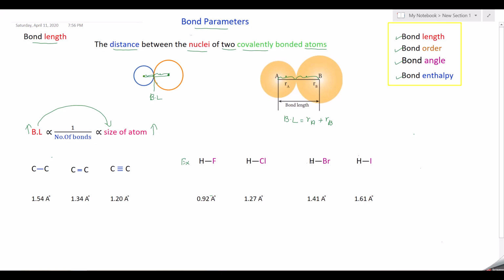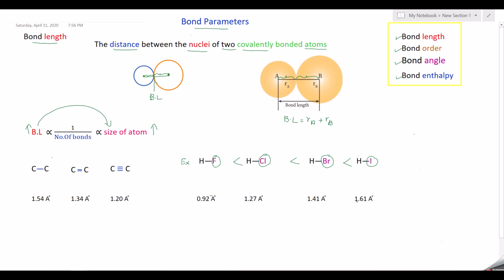Here hydrogen is the common element, and then along with that you have iodine, bromine, chlorine, and fluorine. And iodine is larger in size compared to bromine. Then comes chlorine, then comes fluorine. Therefore, hydrogen iodide has the larger bond length compared to hydrogen bromide. Then comes hydrogen chloride, and the least bond length we have in hydrogen fluoride.